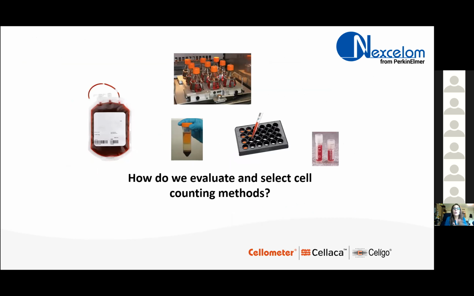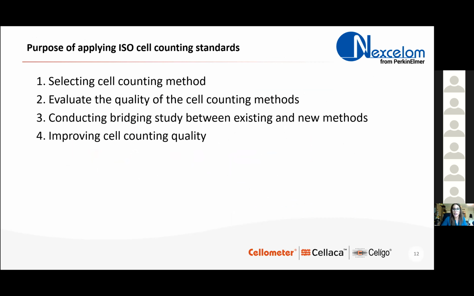So how do we actually select these appropriate cell counting methods? We apply these ISO cell counting standards. That enables us to select the appropriate method, evaluate the quality of those methods, bridge between existing and new methods, because again, it isn't expected that they should match 100% of the time if one's appropriate and one's not appropriate, and ultimately improve your cell analysis quality.